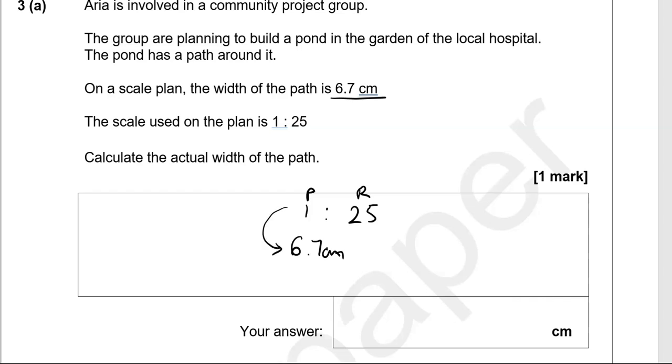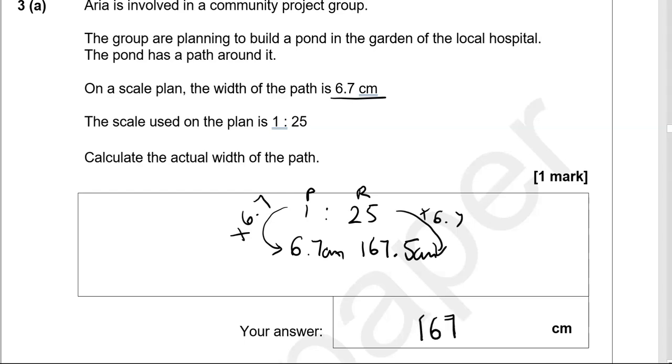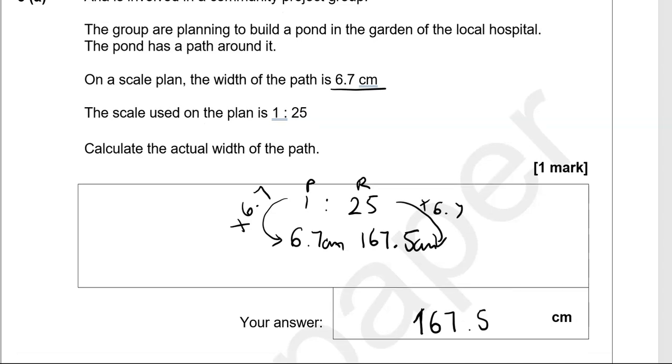To get from 1 to 6.7, we've multiplied by 6.7. So we'll do the same on the other side, which then gives us 167.5 centimeters. So 167.5 centimeters is the final answer.